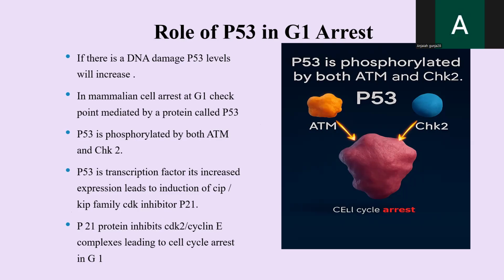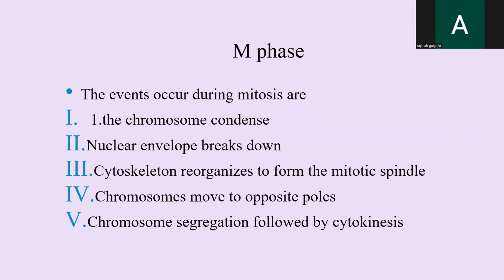Next, coming to mitosis. The mitosis phase occurs during mitosis. Five things are going to happen in the mitosis phase. The first is that the chromosomes condense. The second is that the nuclear envelope breaks down. The third is that the cytoskeleton reorganizes to form the mitotic spindle.